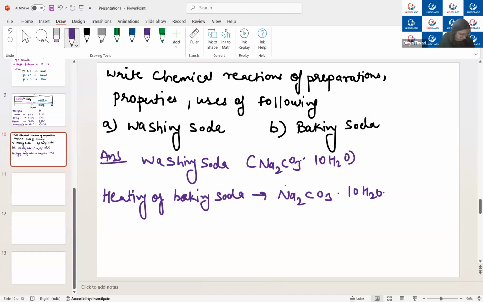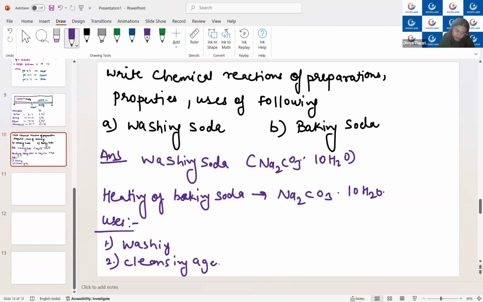Okay, so what are its uses? Uses for washing, as a cleansing agent, and the third use you can write is in the softening of hard water.